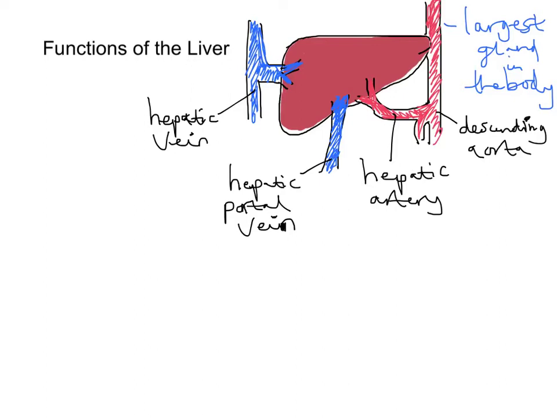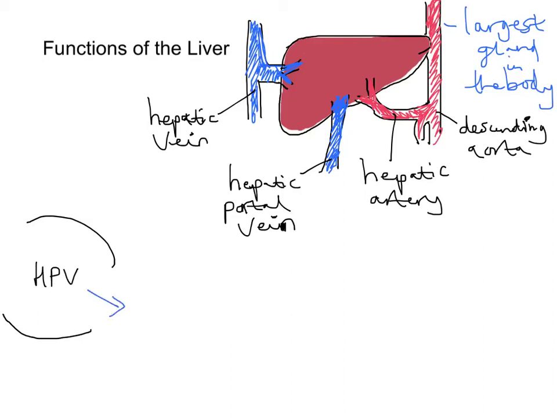Now, sinusoids are wide blood vessels, single-layered, porous, as in with holes in, and they don't actually have a basement membrane. So I'm just going to draw one very quickly. Let's imagine that from this side here, this is the hepatic portal vein.